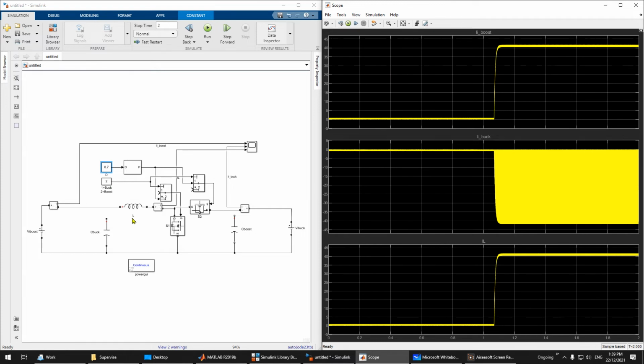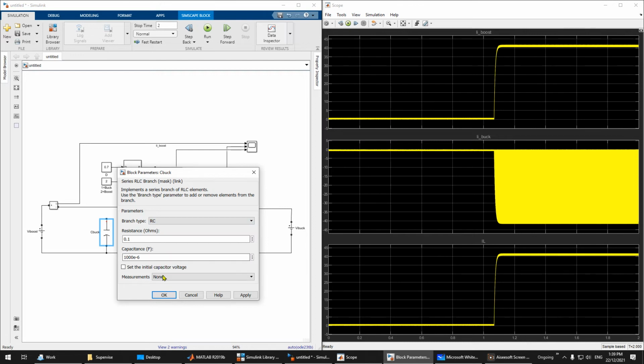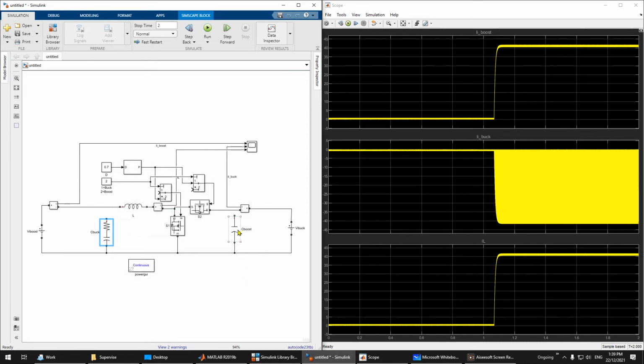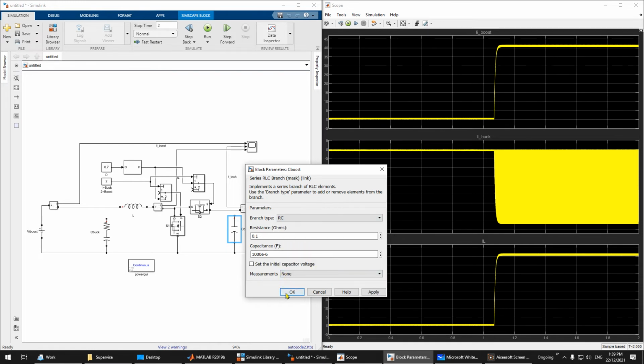So how can we solve this? For the capacitor, you just add a resistance. This is standard; usually a capacitor has a resistance here.